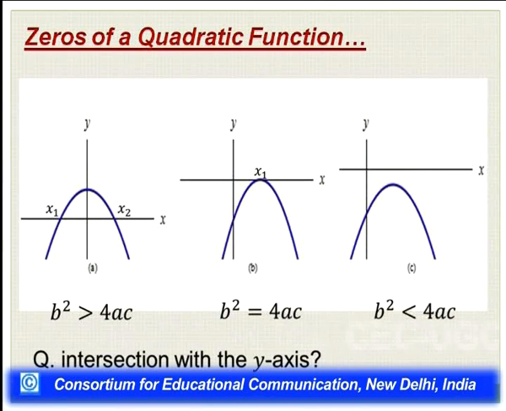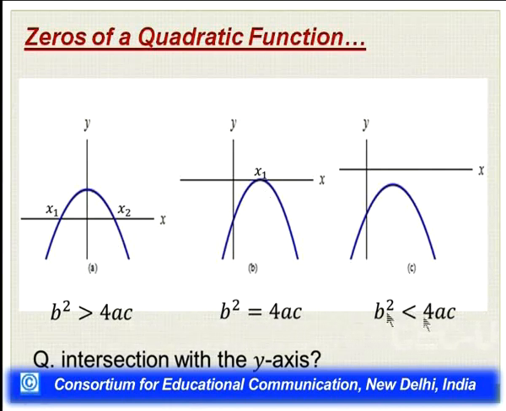Similarly, look at these three parabolas which open downwards. Again, if b square is strictly greater than 4ac, our quadratic equation will have two real roots, in which case the parabola will intersect the x-axis at 2 points, say x1 and x2. If b square is equal to 4ac, then an inverted U-shaped parabola of this kind will just touch the x-axis at 1 point.